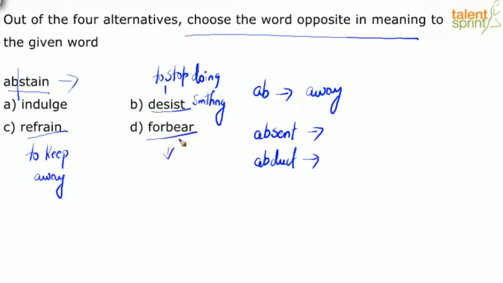Forbear also means to hold back. How can I hold back? I'm staying away from whatever it is. So all of this is giving me the same meaning as abstain, to refrain from, to be away, to refrain from doing something. So the obvious antonym is indulge.